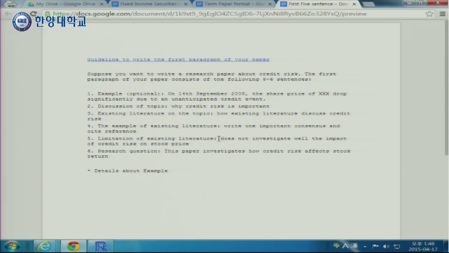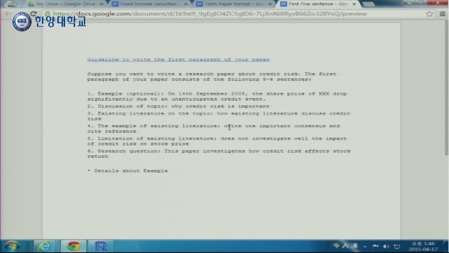For example, suppose your research question is how credit risk affects the stock market. Then it should look like this. First sentence, because it is an example: on 14 September 2008, the share price of XXX dropped significantly due to an unanticipated credit event. Second sentence: credit risk is very important in stock pricing. Third sentence: the existing literature says credit risk is very important, and so on.